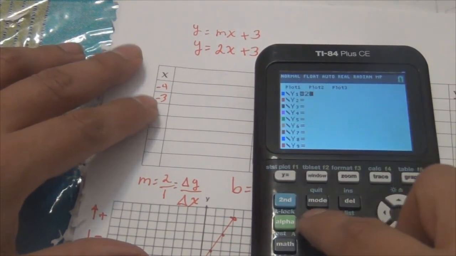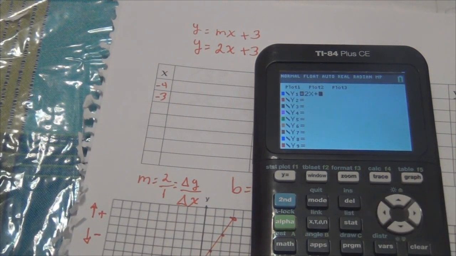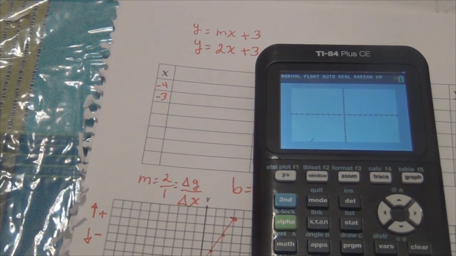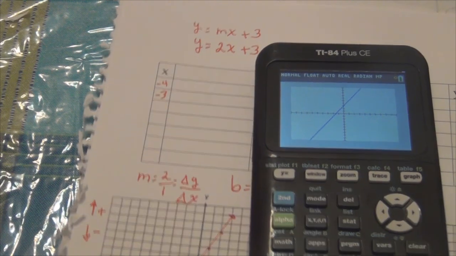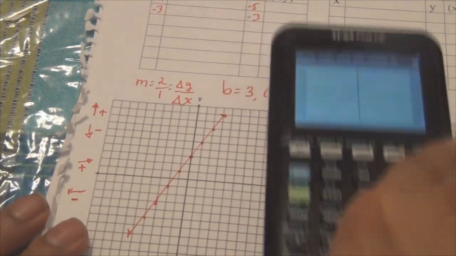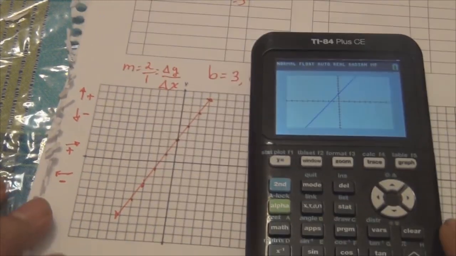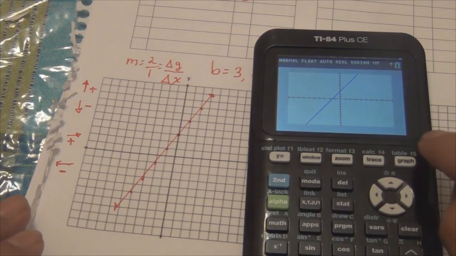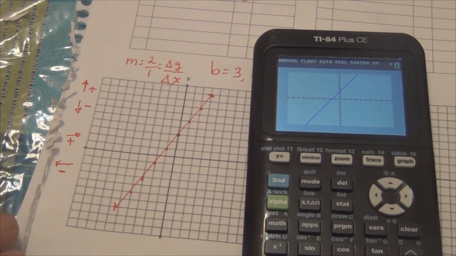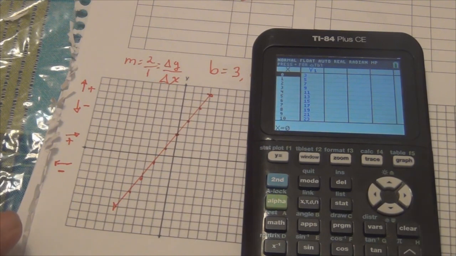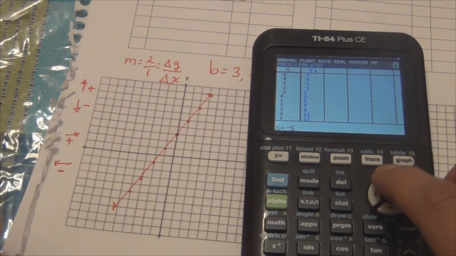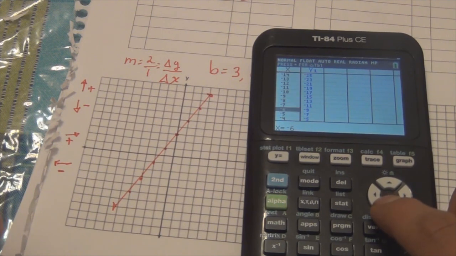So 2 and then x plus 3. You graph, and you're gonna have your line right there. It looks exactly the same as mine, okay? Now you want to look at the table of values. So second, and then you see where it says graph, it also says table. And that's it. Now look, you can go to negative infinity if you want to on the x, or positive infinity.